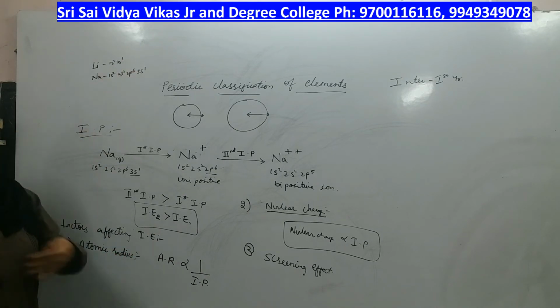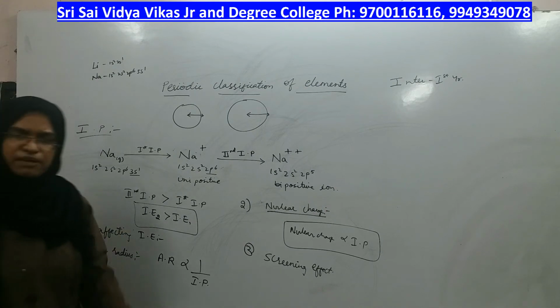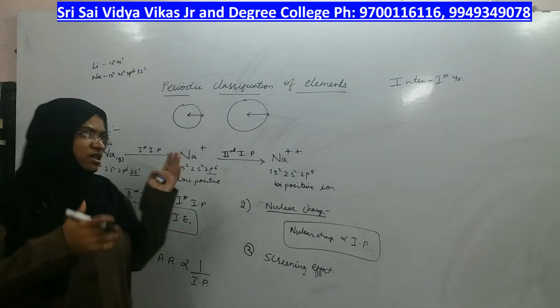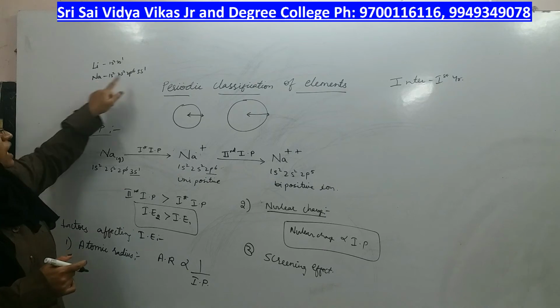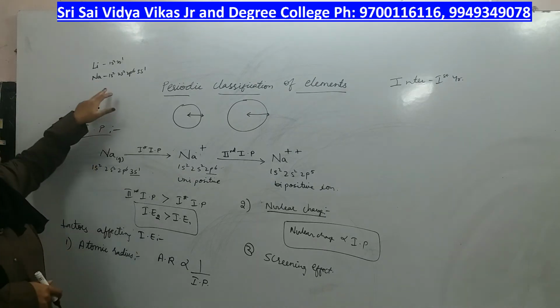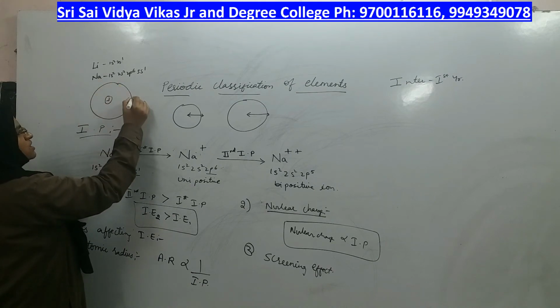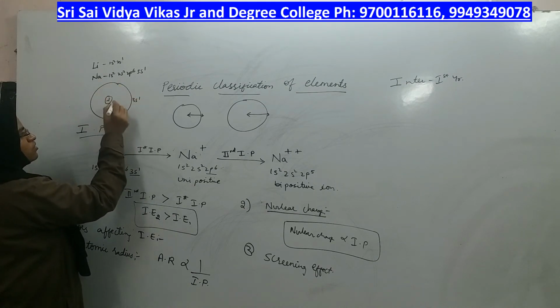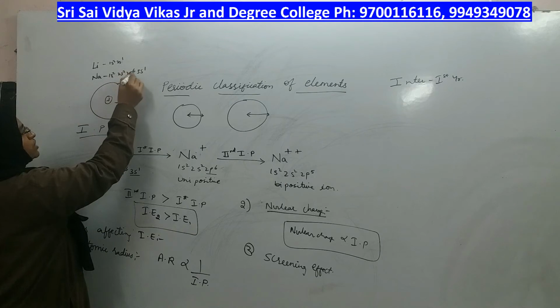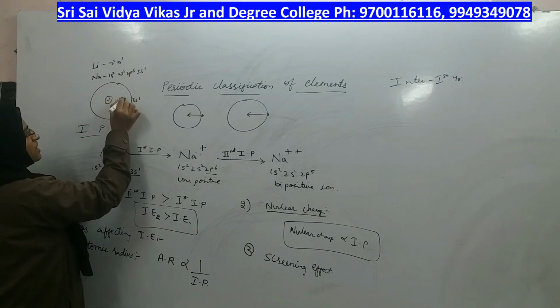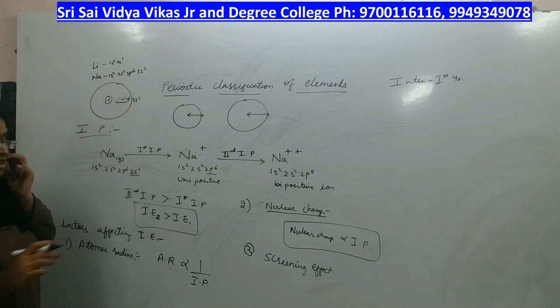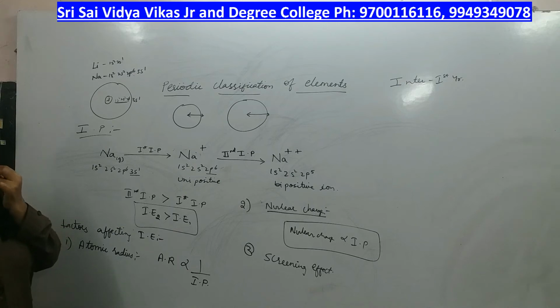If they shield, or keep any barrier between the nucleus and the valence electron, then 1s2, 2s2, 2p6 are in between, and they are called inner core electrons.